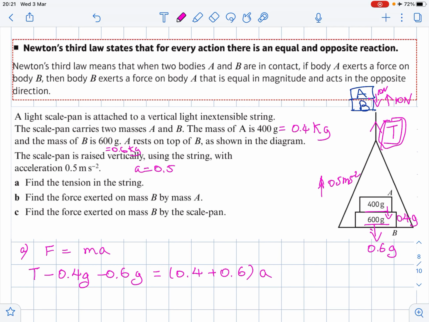This is what we want to find out. So just add them up. I have tension minus 0.4g minus 0.6g, which is just minus g, equals 0.4 plus 0.6, which is 1, times the acceleration.